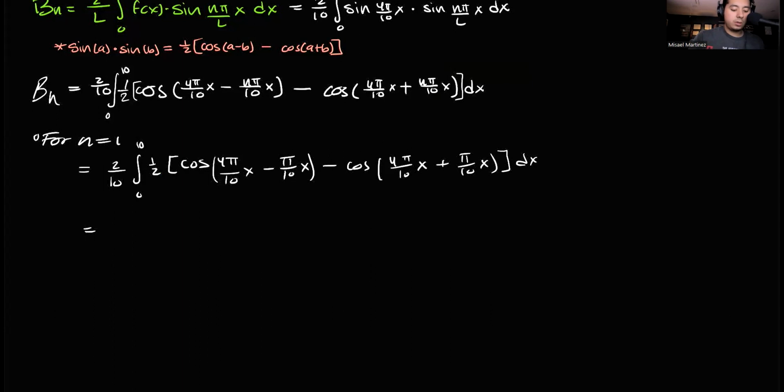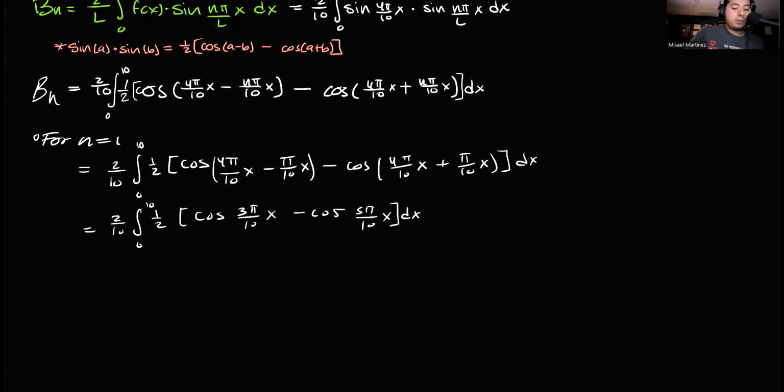From here we should get 2 over 10, the integral from 0 to 10 of 1/2 times cosine of 4 pi minus pi, that's 3 pi over 10 x, minus cosine of 5 pi over 10 x, dx.